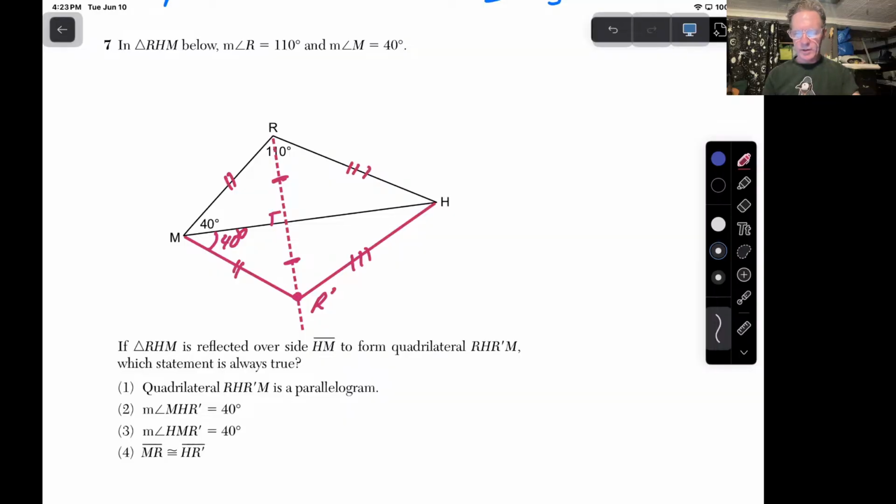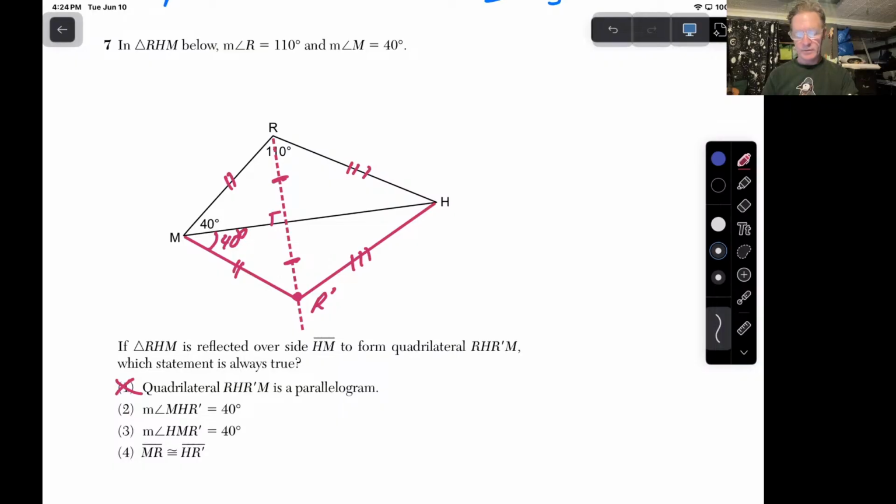So let's take a look at the answer choices. Is quadrilateral RHR prime M a parallelogram? No, it's a kite. It's related to the parallelogram, but it's not exactly a parallelogram because the opposite sides are not parallel. Angle MHR prime, is that 40 degrees?